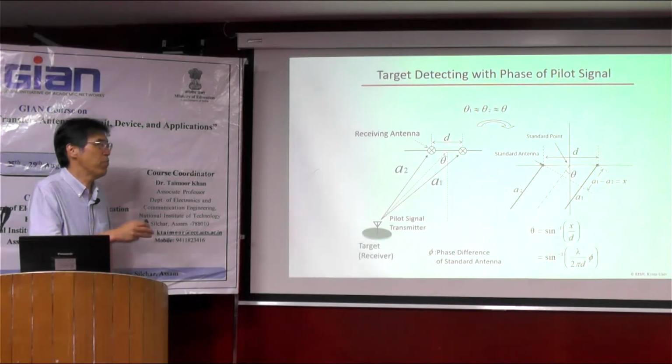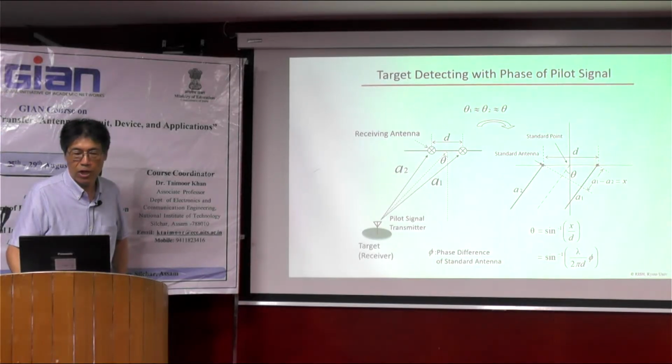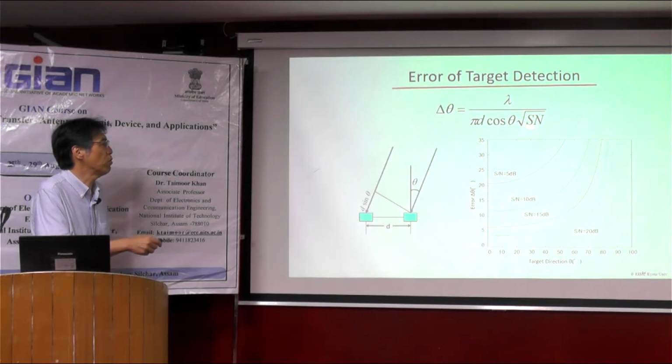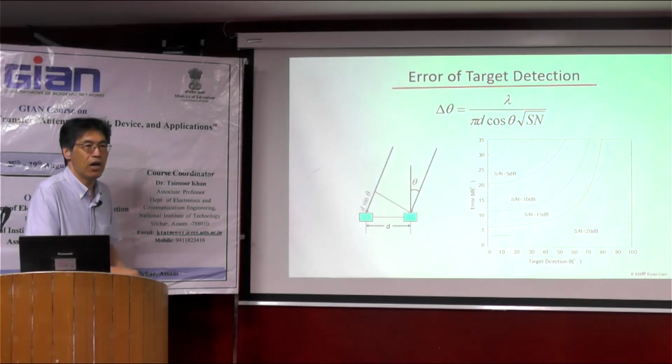This is a very, very simple basic method, but it contains some errors based on the signal noise ratio, etc. So this is the error of the target detection in consideration of the signal noise ratio. If this SN ratio is very low, the error of the target detection becomes very high. If the SN ratio is very high, we can suppress the error. But still, we have some error in detecting the direction of arrival in this case.